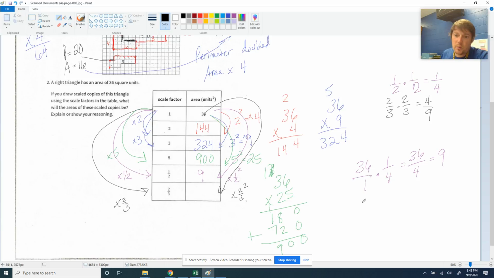So we have to do the 36, the original area, multiplied by 4/9. Luckily, the 36 and 9 have common factors, so we can reduce, and we end up with 16/1. So 16. And that makes sense because 2/3 is more than a half. It's slightly bigger than what the half scale factor would be.